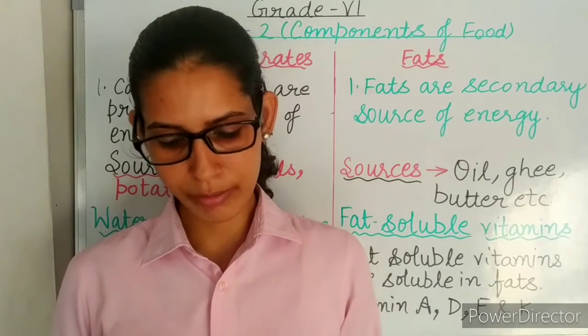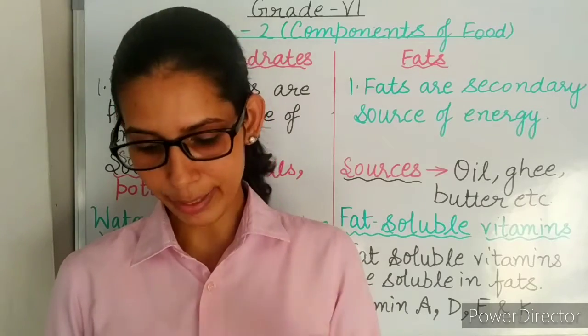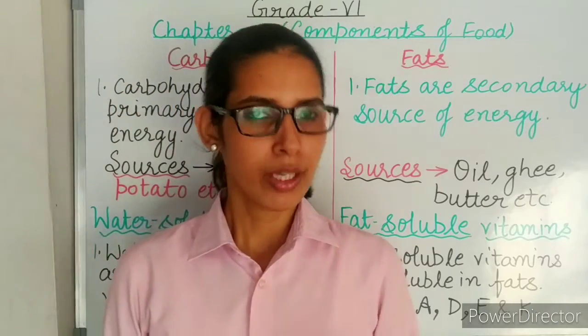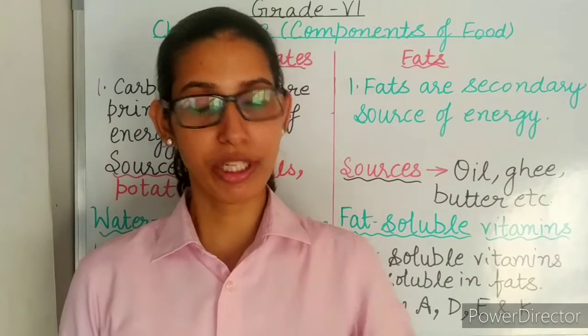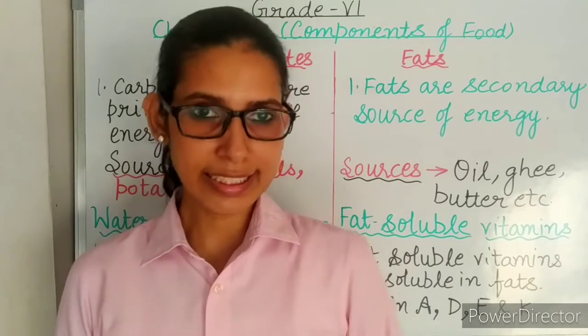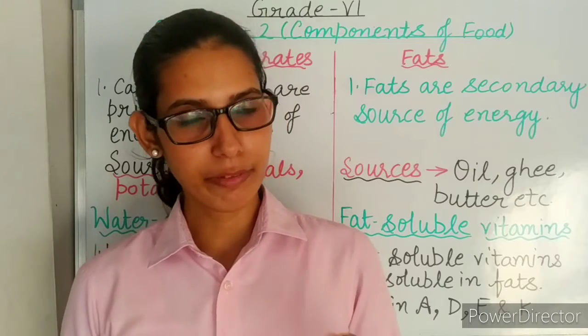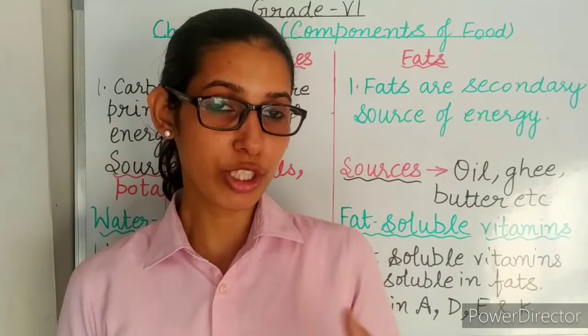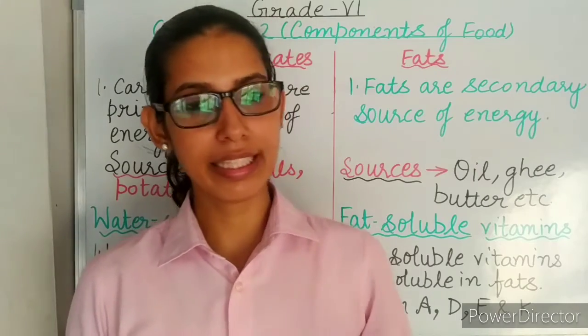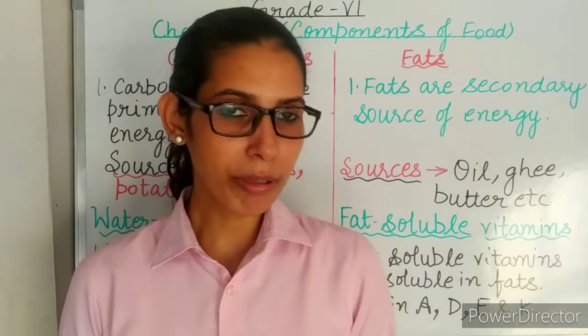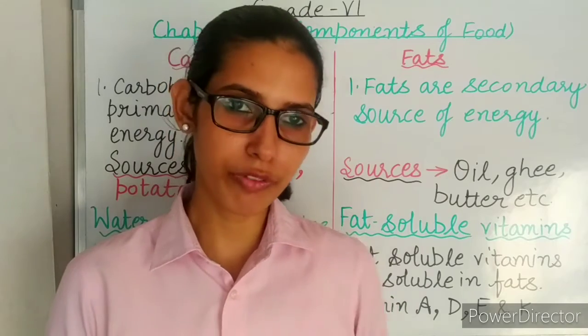Next is, although vitamins and minerals are protective foods, they are required in small quantities. Why? Vitamins and minerals are protective food items because they protect our body from diseases. They are organic compounds which are important for the functioning of the body. Vitamins get absorbed in blood, and excess of them is thrown out of the body.